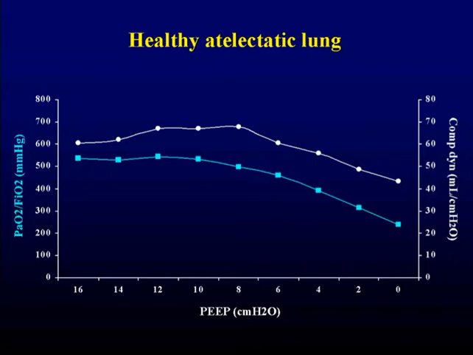So if we looked at the results in terms of compliance, which are depicted in white, and oxygenation on each single decremental PEEP level, again, oxygenation on the left side, compliance on the right, we were able to identify the typical pattern after a successful recruitment. That was an initial increase until a maximum value was reached, and then a continuous decrease of compliance values, unequivocally indicating lung collapse.